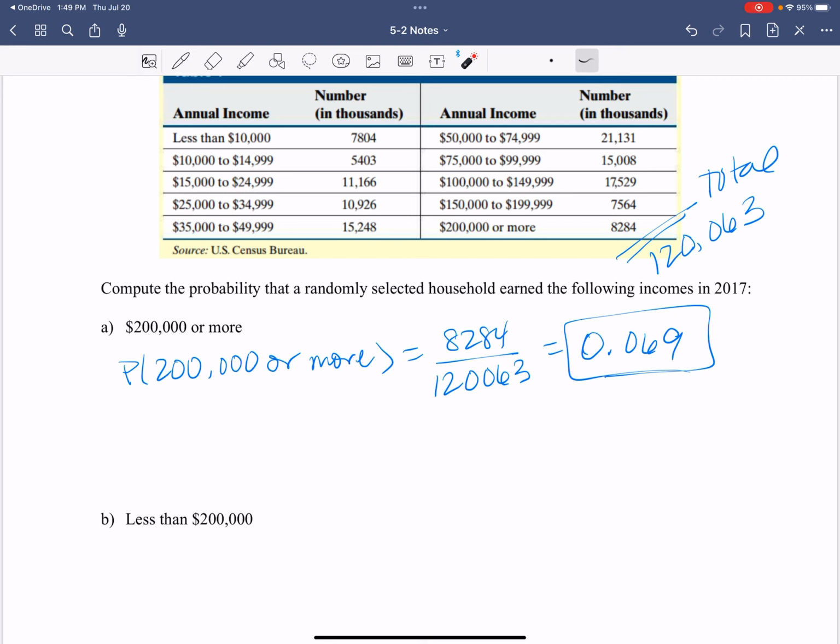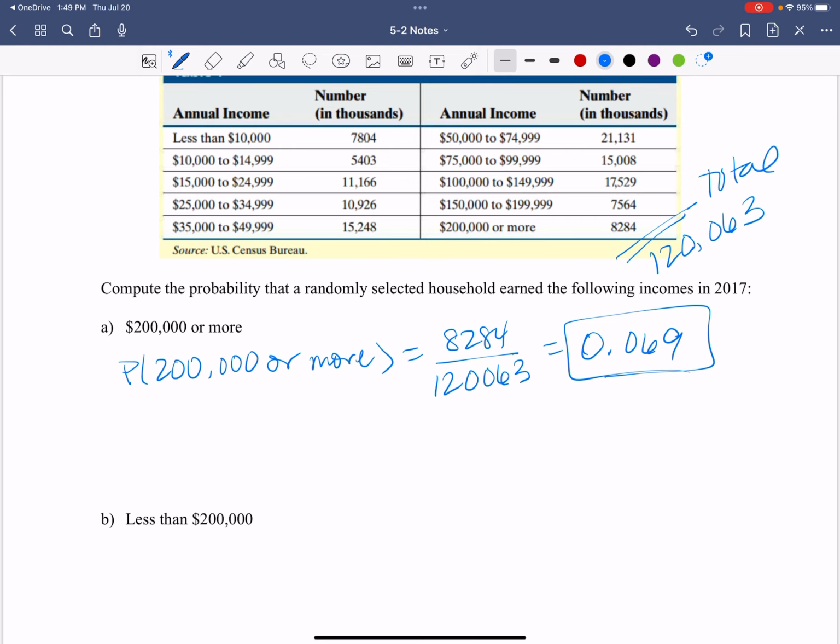If you have the opposite, that you're looking at here, less than 200,000, it's all of these categories. I'm not about to try to add all those up. If this is the only one that's left, or if you have 1 or 2 that's left over, use the complement, because what I'm saying is everything that's not this. That's where the complement's amazing, right?